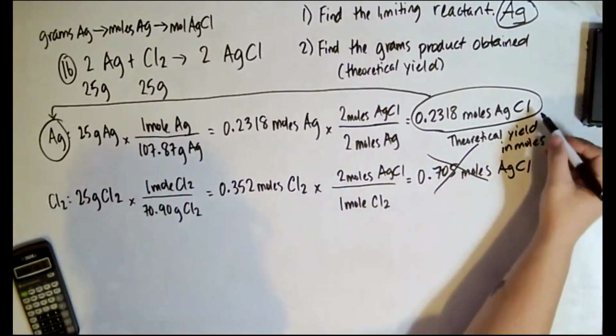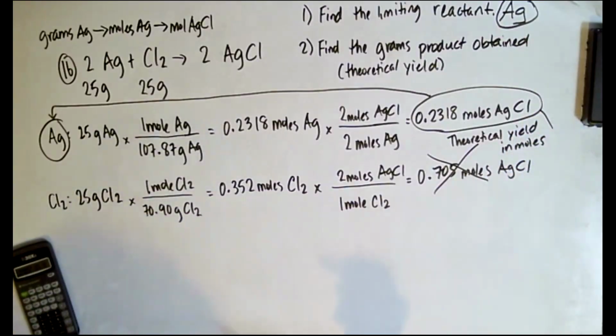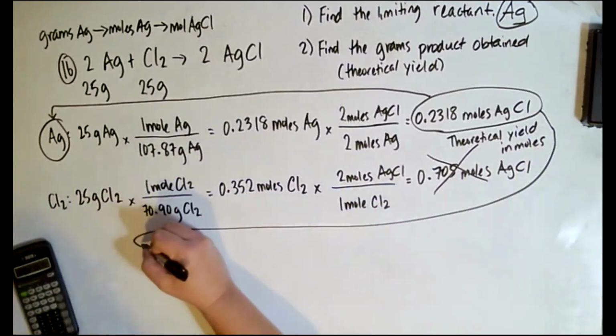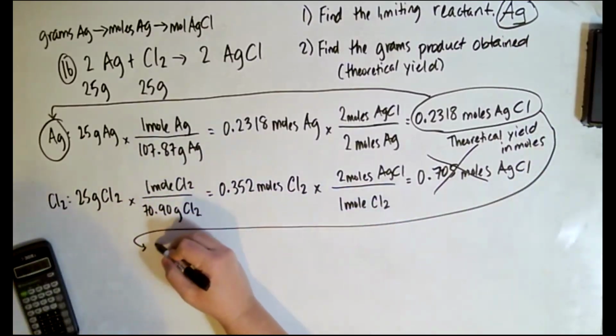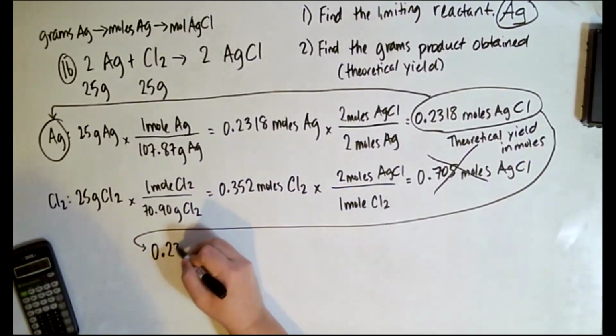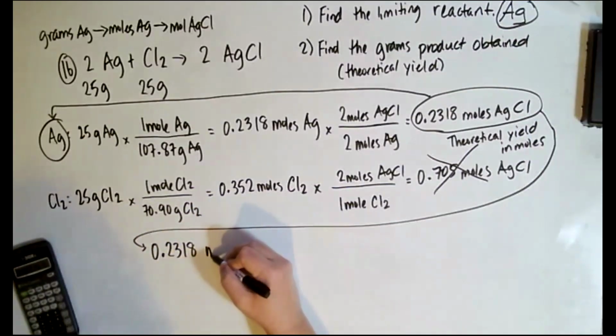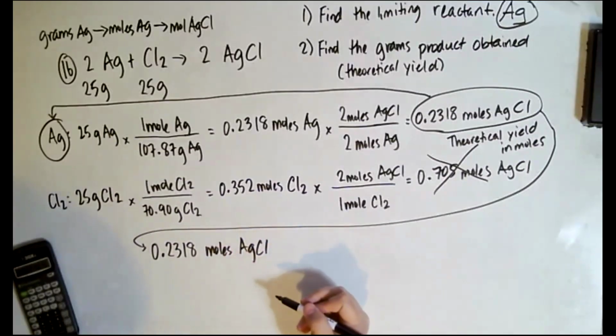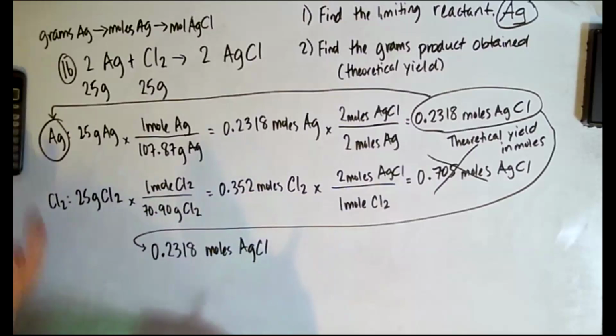And now we can take this value, our theoretical yield that's in moles, and let's do a molar mass calculation for our AgCl real quick.